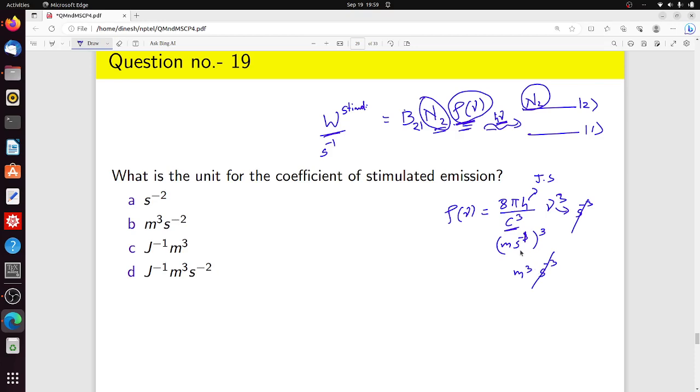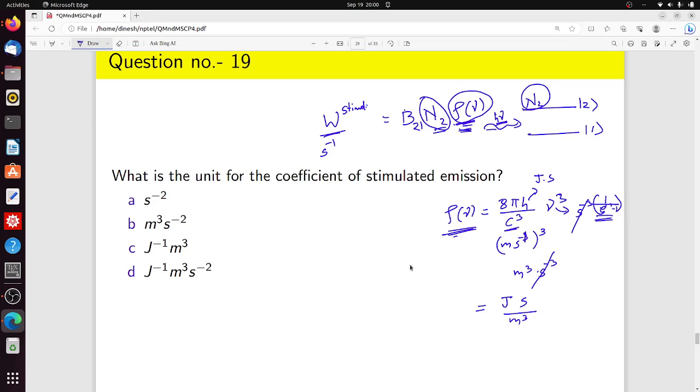Some constant is there, 1 over e to the power minus 1. So these are dimensionless, so it doesn't matter. So we have joule second by meter cube for this rho.